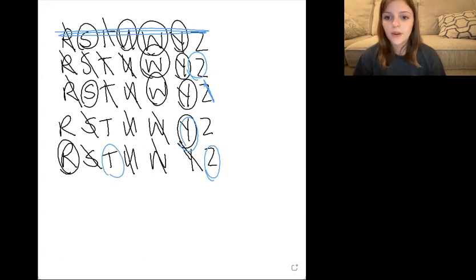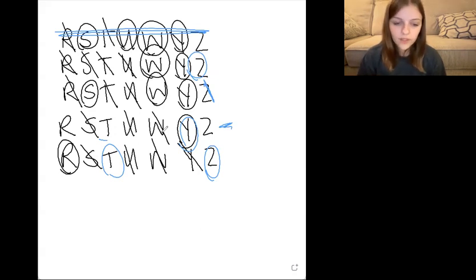T and Y both appear in the photograph. I could have that happen. I can make that happen in this world. I can have T and I can have Y together. So that's wrong. W and S appear in the photograph. I could have that happen up here. Could have W and S happening. That's wrong. Y and Z both appear.